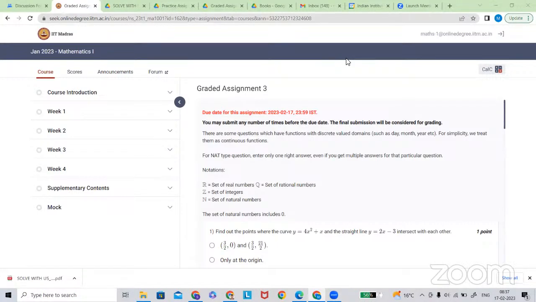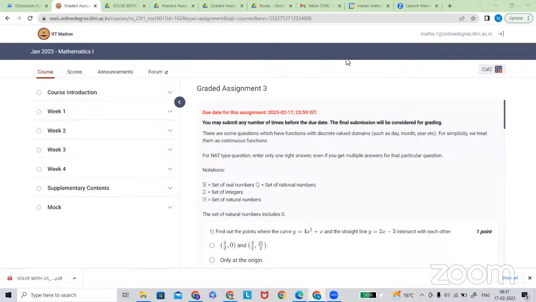Sir, I have sent it in the everyone chat, but it is showing the due date for me. Yes, that's true. Okay, you got it, yeah, this is the correct mail.